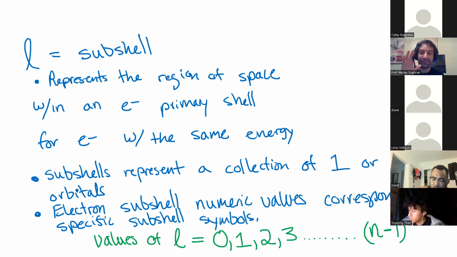Now, take a moment. Make sure you get your notes down. Pausing for a second. Okay, n is involved in something associated with the values of L. The specific value of n places a limitation upon what values of L can exist within n. Okay, I'll write that out now.